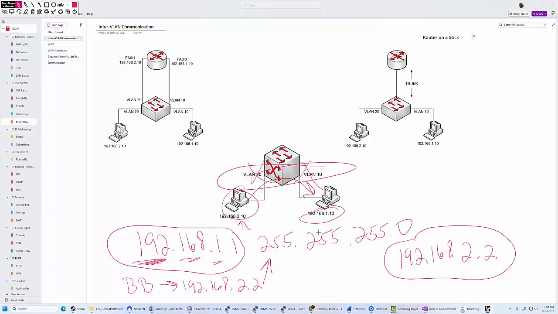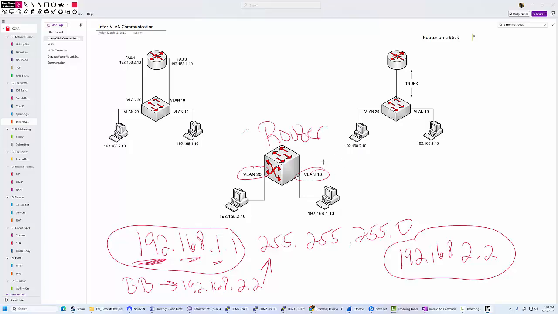The lesson is, by default, I can't do this. TCP/IP is not going to allow it. Putting them in different VLANs definitely is not going to allow it, whether we had the MAC address in there or not, because VLAN 10 and VLAN 20 have their own broadcast domains, and we cannot cross over unless we have a router.